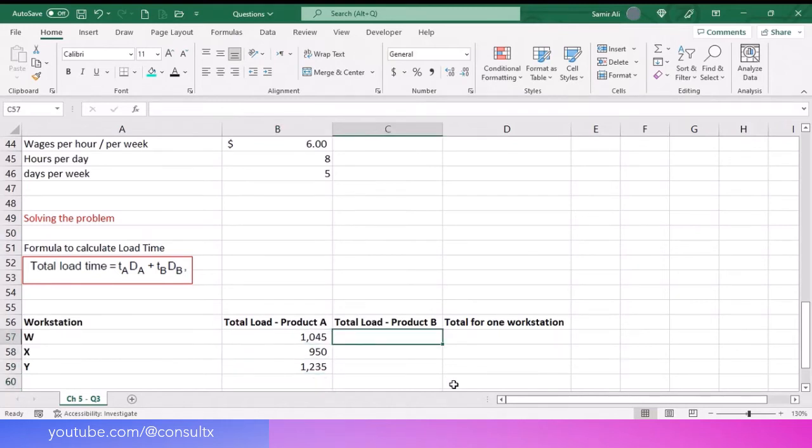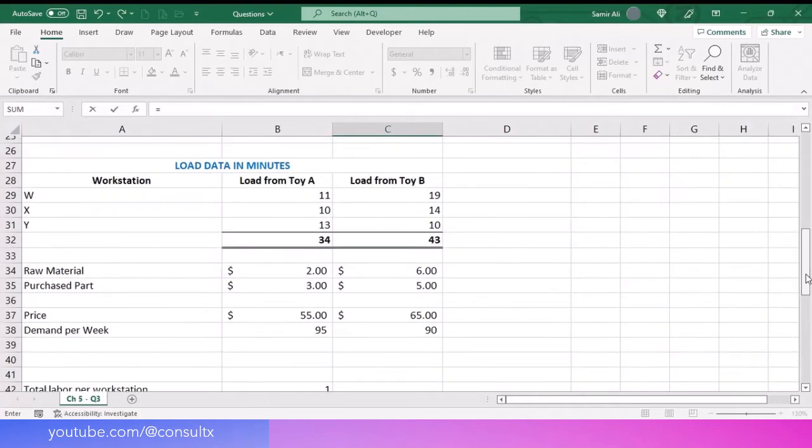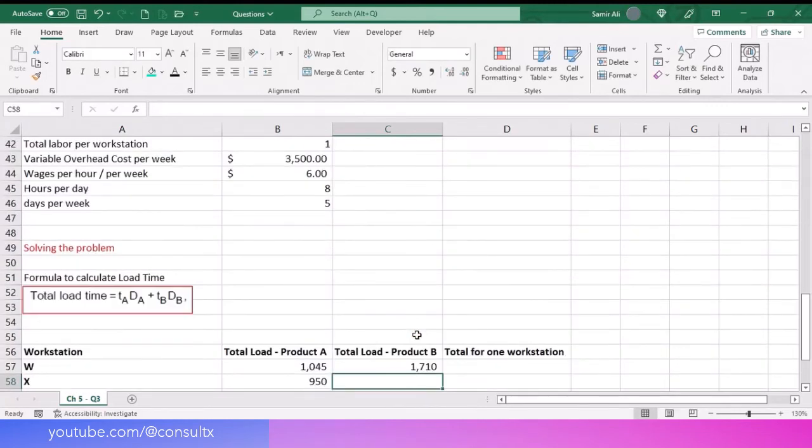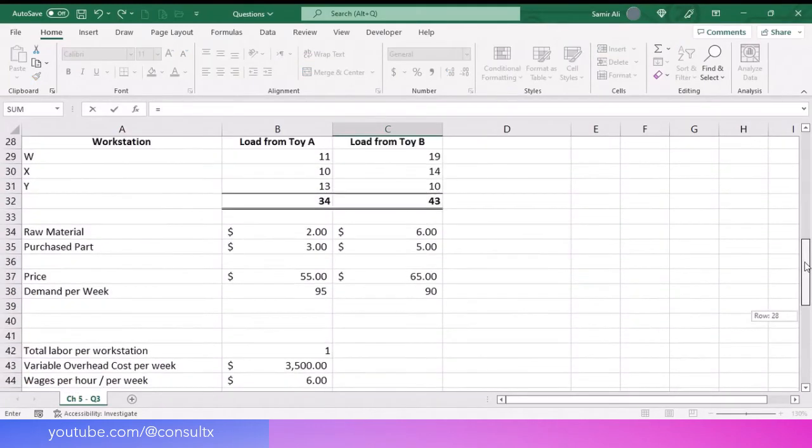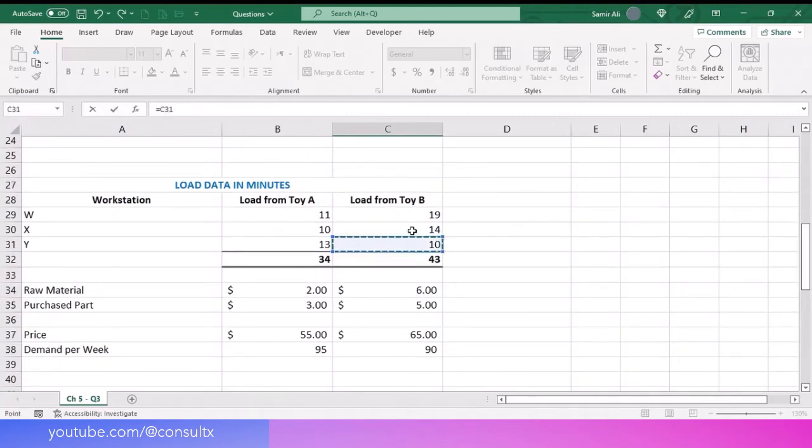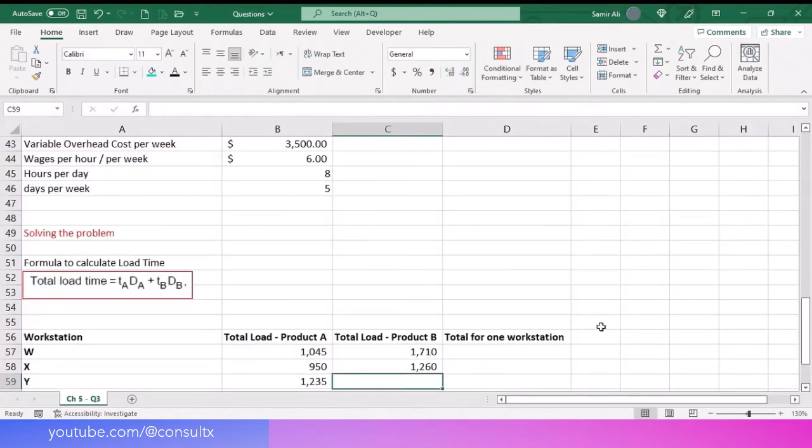And we do the same thing for product B. Workstation W: 19 minutes multiplied by the demand for product B, which is 90 units, so we get 1710. For X, that would be 14 minutes multiplied by 90 units, 1260.